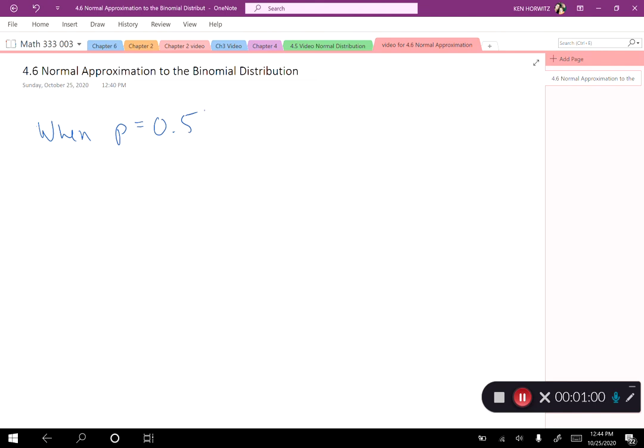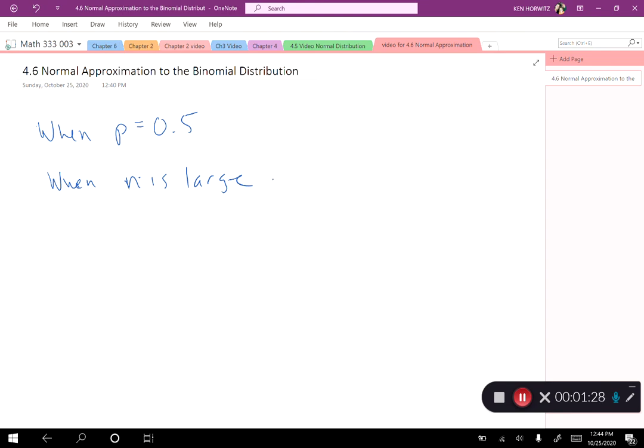Well, symmetrical definitely means that we could use a normal. However, p doesn't always have to be 0.5. It can be other things, especially when n is large. Are we going to get closer and closer to approximating a normal distribution?